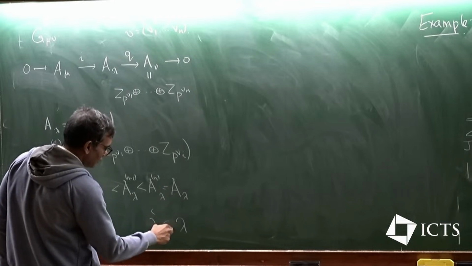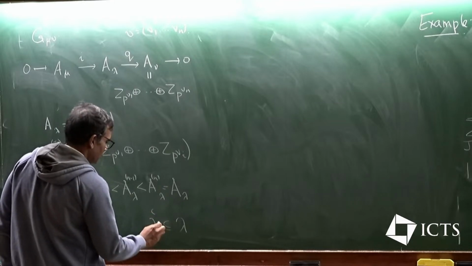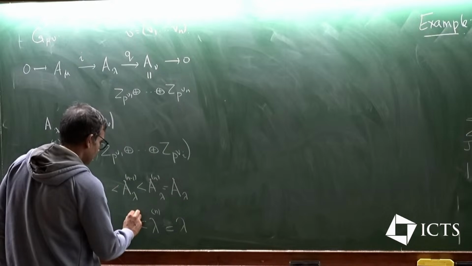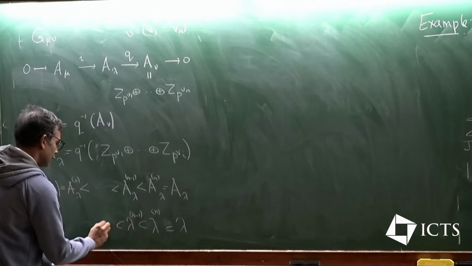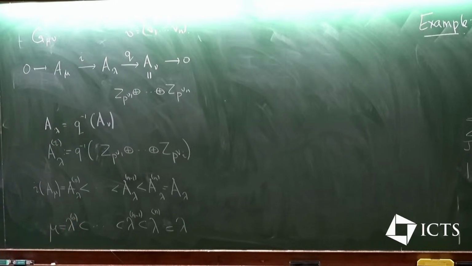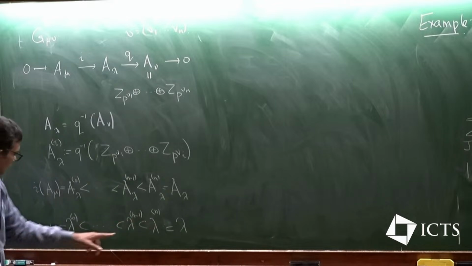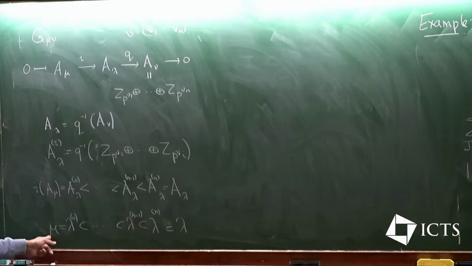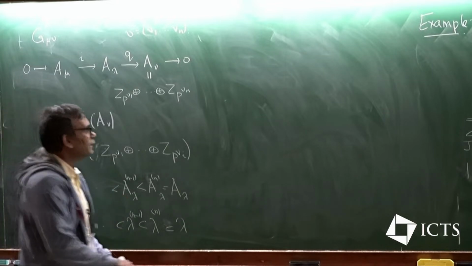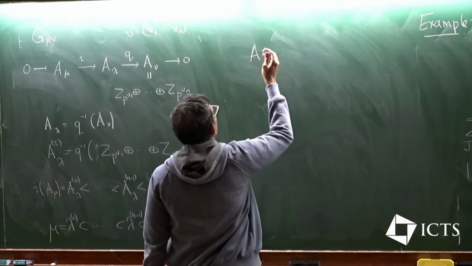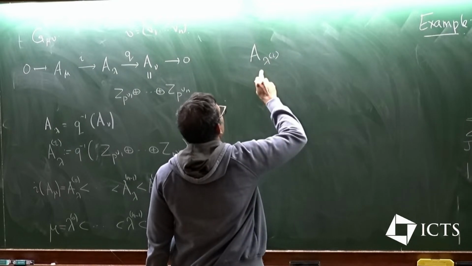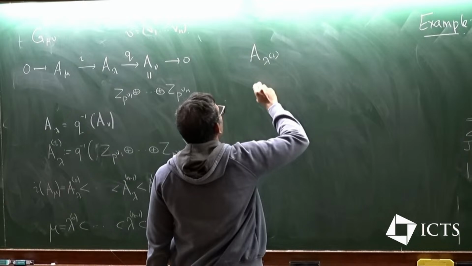So I'm writing these rounded brackets to denote containment order. So lambda is in fact equal to lambda n, which contains lambda n minus 1, which contains, and so on, contains lambda 0, and this is equal to mu. So you get a sequence of partitions starting with lambda and ending with mu. And what is special about these is that lambda I contains a copy of lambda I minus 1.